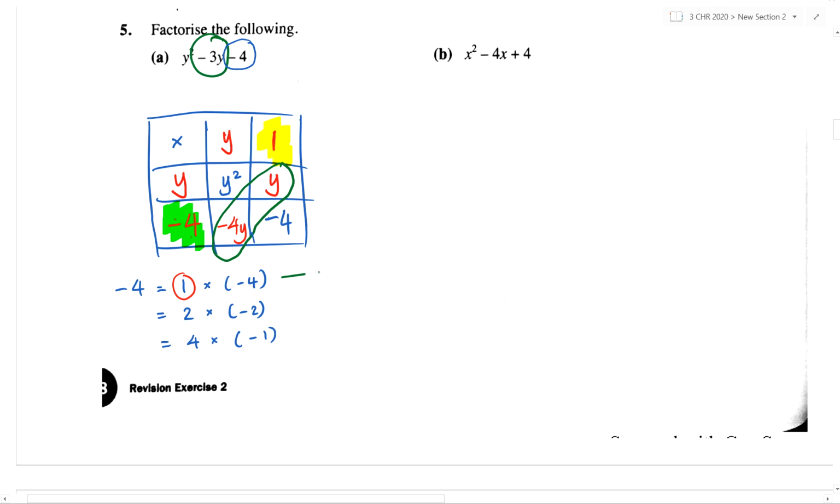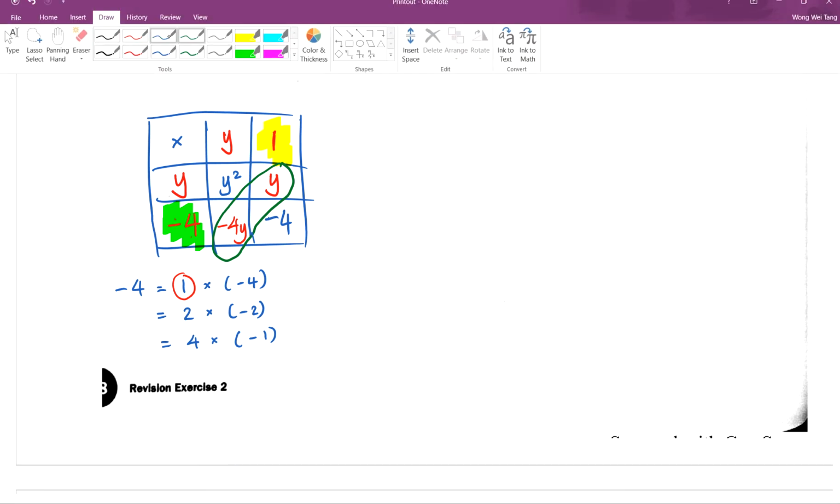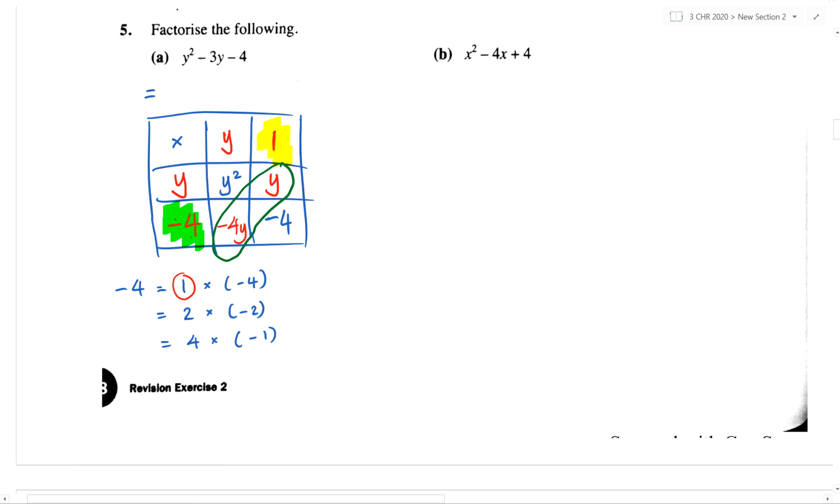So we were lucky. Our very first guess, after checking, is the correct answer. Therefore, our factorized form is given by y plus 1 multiplied by y minus 4.